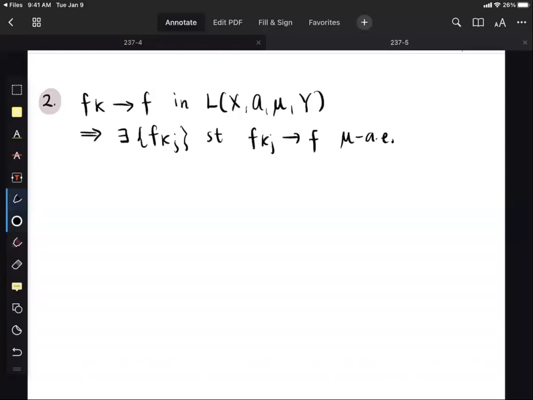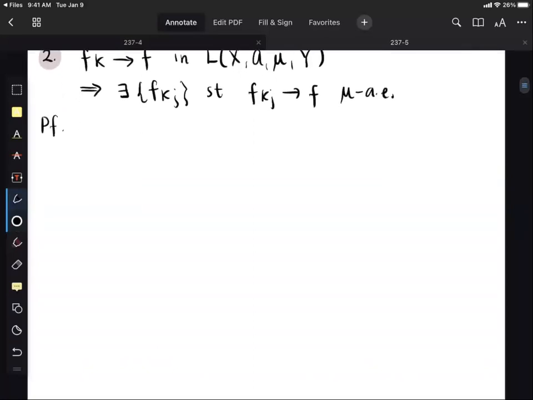Take note here, the difference with the previous theorem is that these f sub k's are not necessarily simple functions. They are, in this case, Lebesgue-Bochner integrable functions.